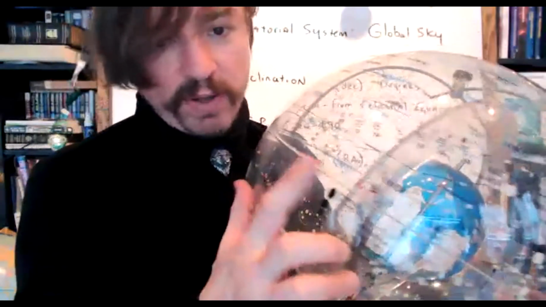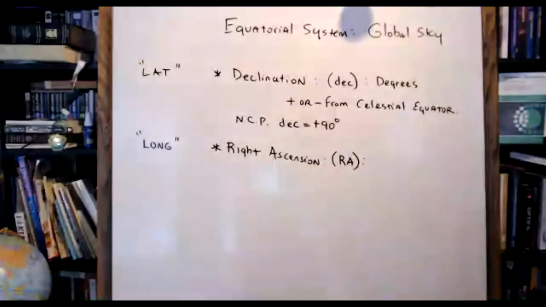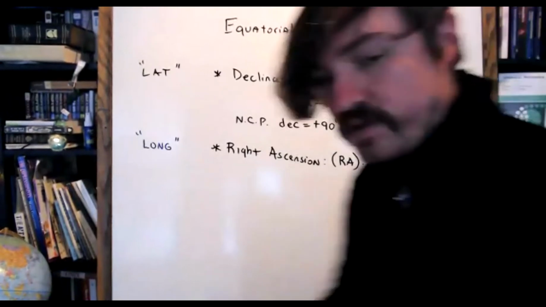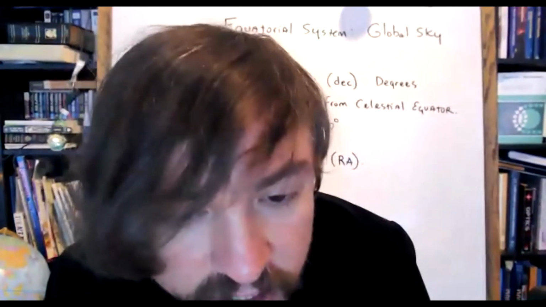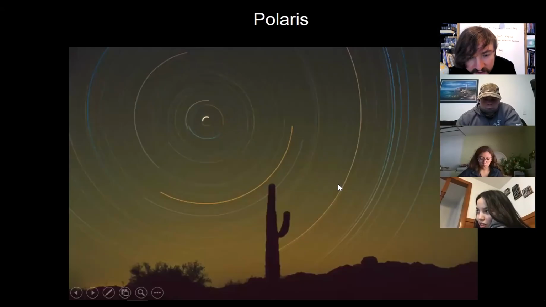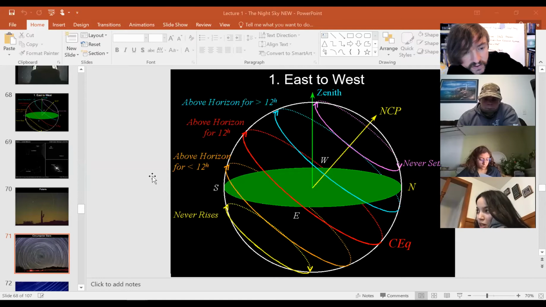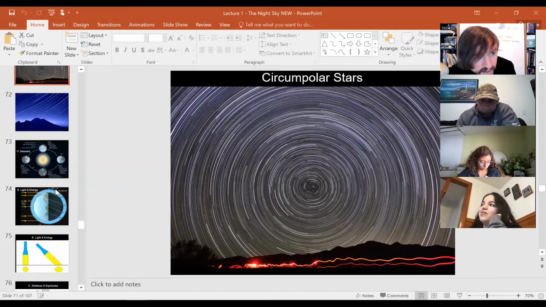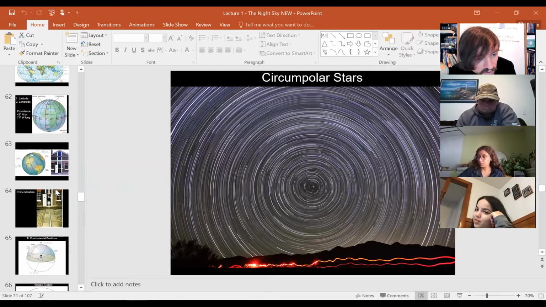Instead, we're going to use a point that's on the celestial sphere itself. The point that we chose to start our right ascension with is a point known as the Spring Equinox. Let me see if I can show this to you here. The Spring Equinox is a point on your local sky.